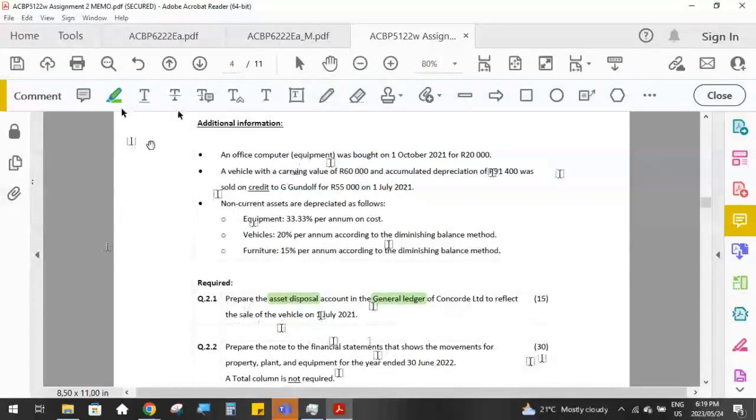And then for 30 marks, prepare the note to the financial statement that shows the movements for property, plant and equipment. So basically the property, plant and equipment note for the year ended 30th of June 2022. This note to the financial statements, particularly for PPE, is very important. They always ask this.